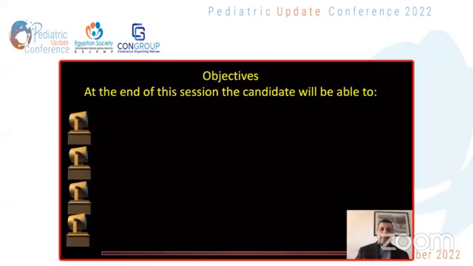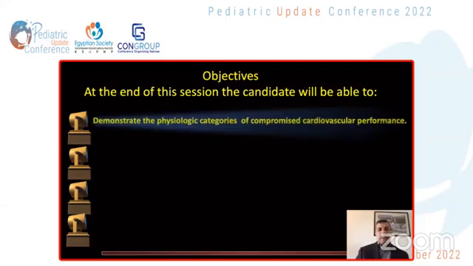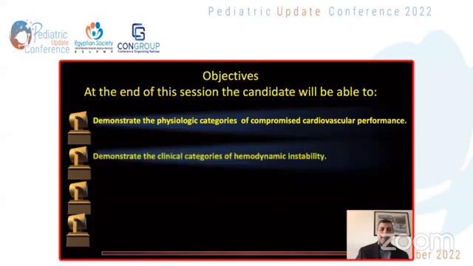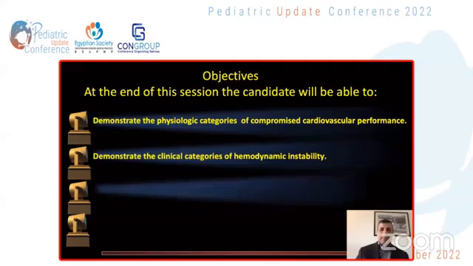I have four main objectives to discuss over the next 30 minutes. At the end of this presentation, the candidate will be able to, first, demonstrate the physiologic categories of compromised cardiovascular performance, including systemic and pulmonary performance. Second, demonstrate the clinical categories of hemodynamic instability.